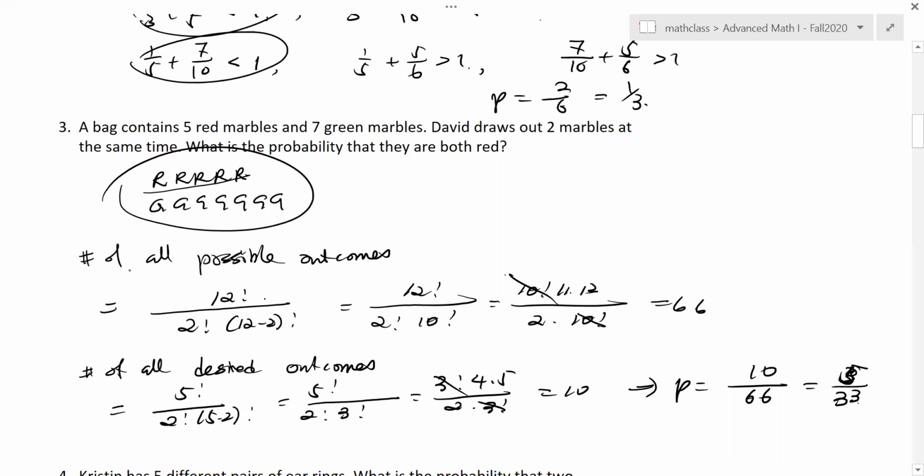Probably you did not get the right answer for the number of all possible outcomes and also the number of all desired outcomes. Some students count order. Then the numerator and denominator will be slightly different.